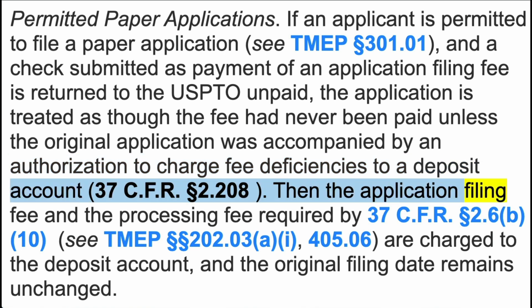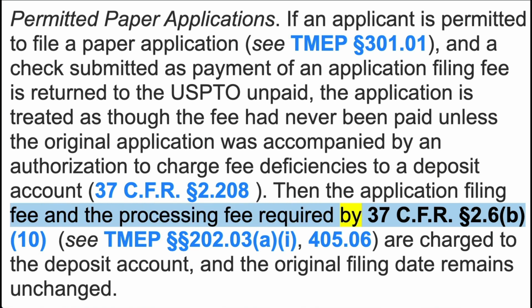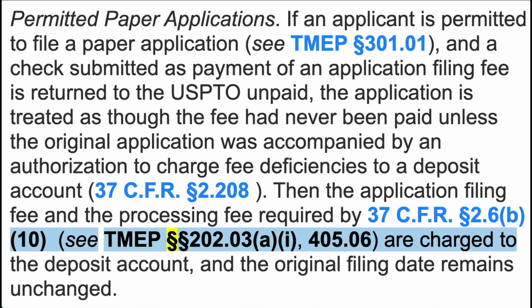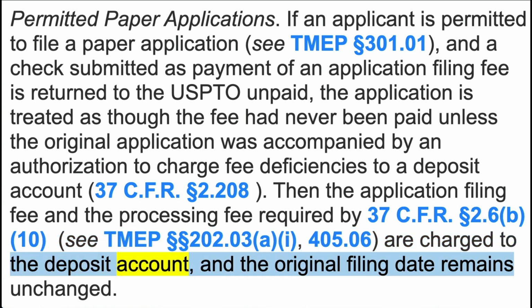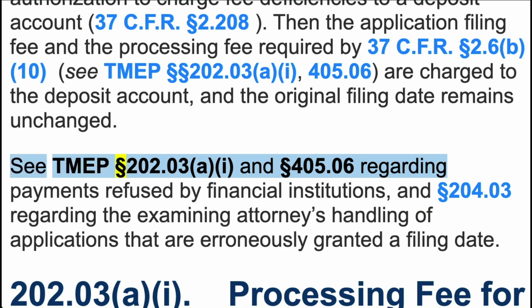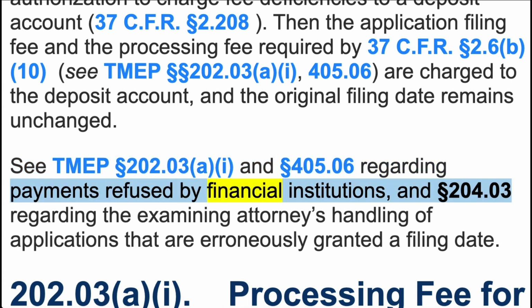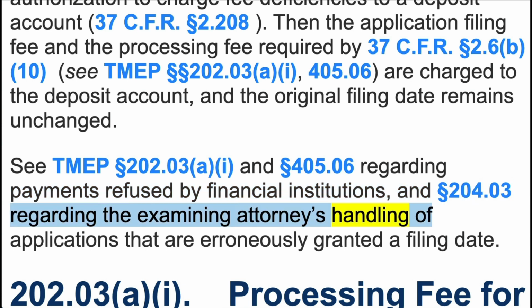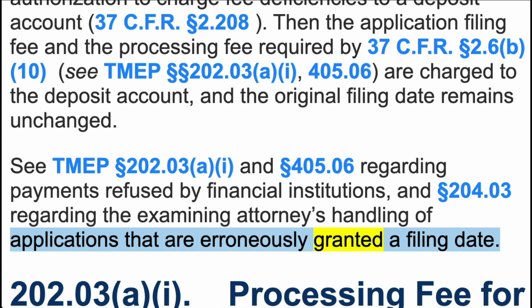Then the application filing fee and the processing fee required by 37 CFR Section 2.6(b)(10), see TMEP Sections 202.03(a)(I), 405.06, are charged to the deposit account, and the original filing date remains unchanged. See TMEP Section 202.03(a)(I) and Section 405.06 regarding payments refused by financial institutions, and Section 204.03 regarding the examining attorney's handling of applications that are erroneously granted a filing date.